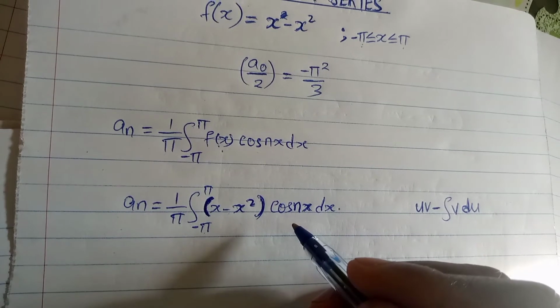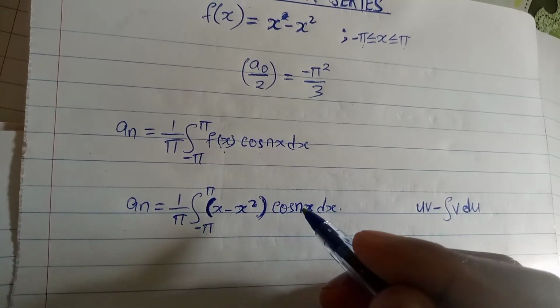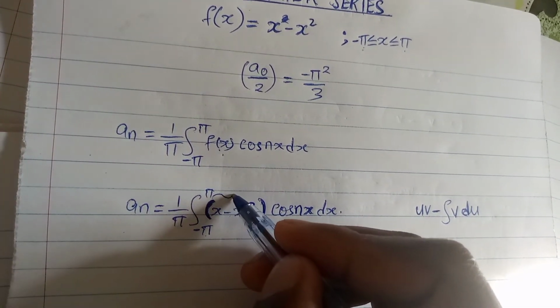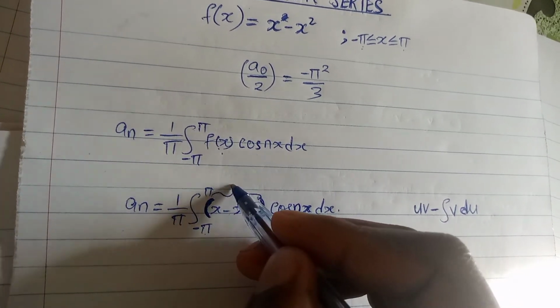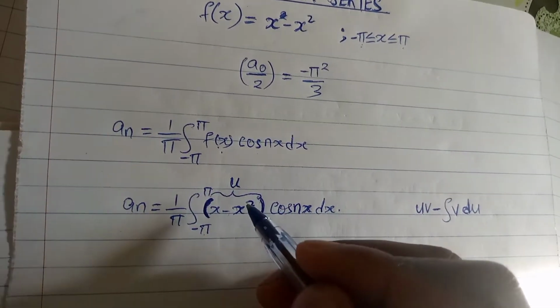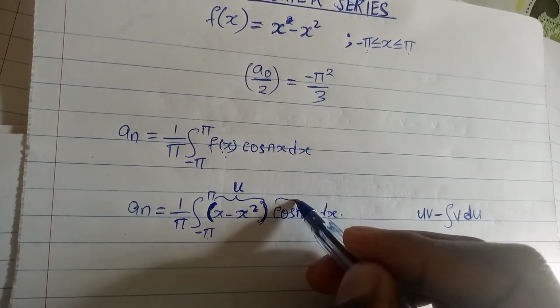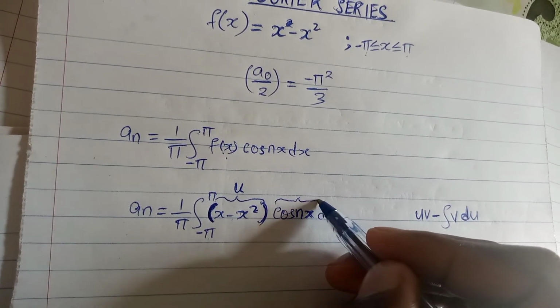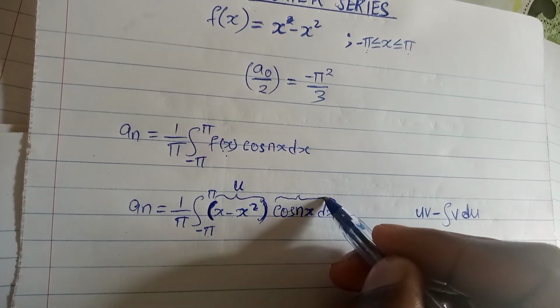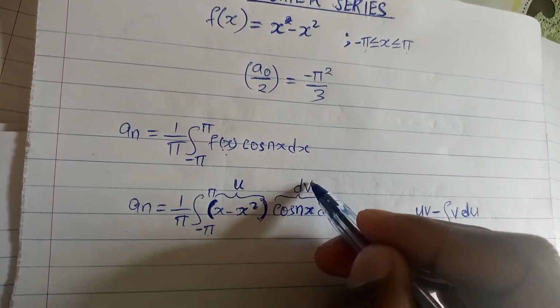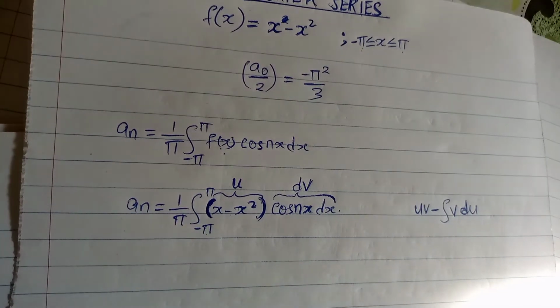The first thing is to let this first part be u. Then our second part, from the cosine up to the dx, I'm going to let be our dv.